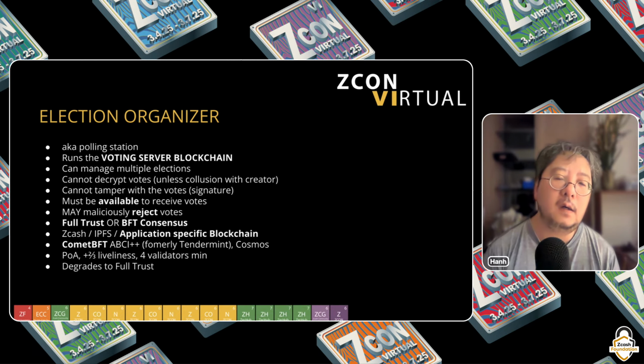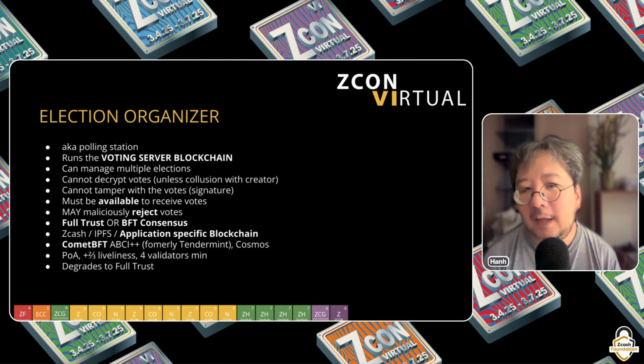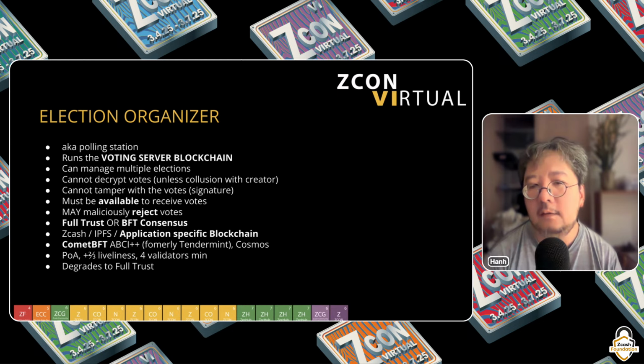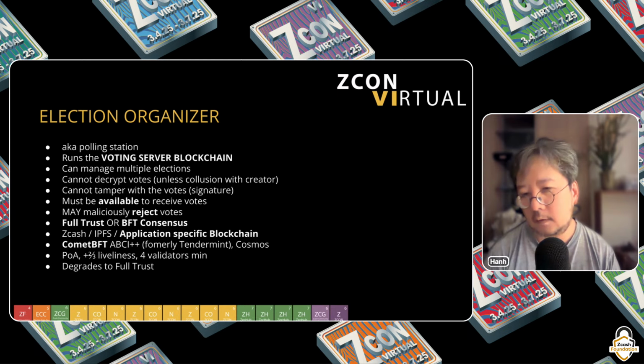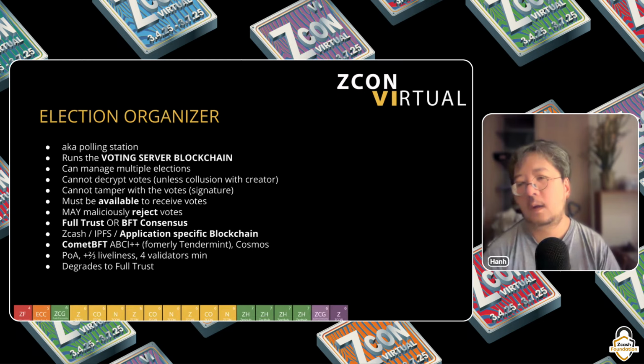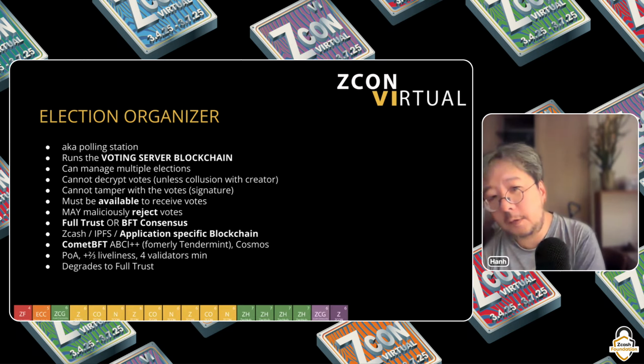Even if the creator gives the decryption key to the organizer, the organizer will be able to see the trend, to see what's going on with the election, but they will not be able to add more votes or skew it in a particular way. But there's a risk.